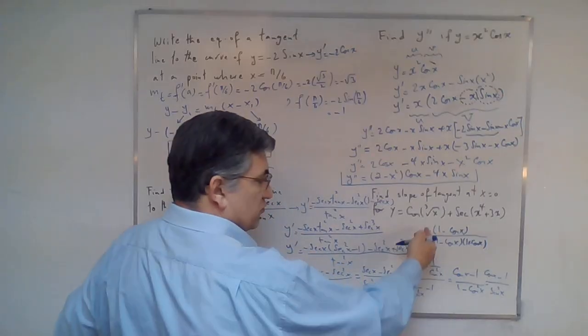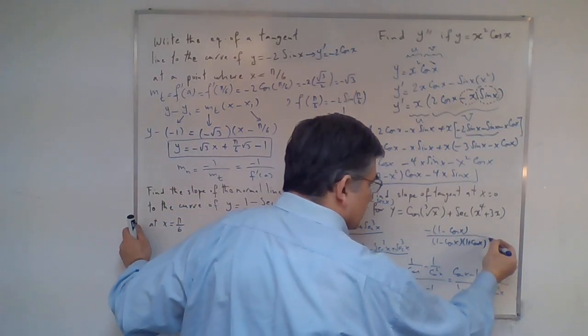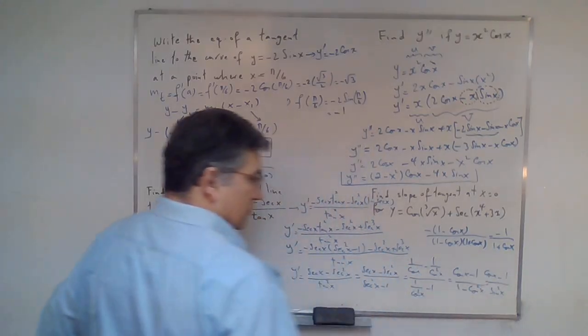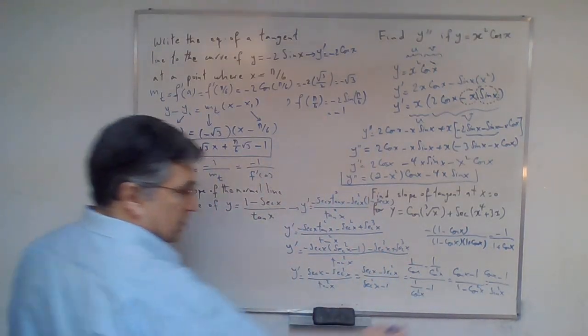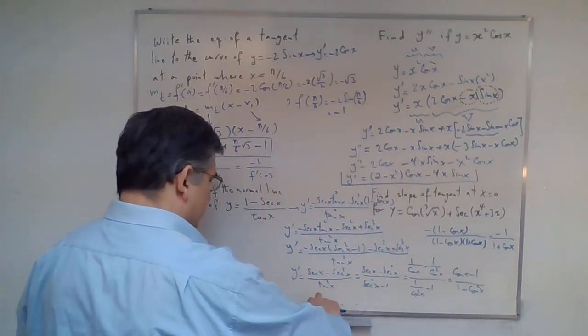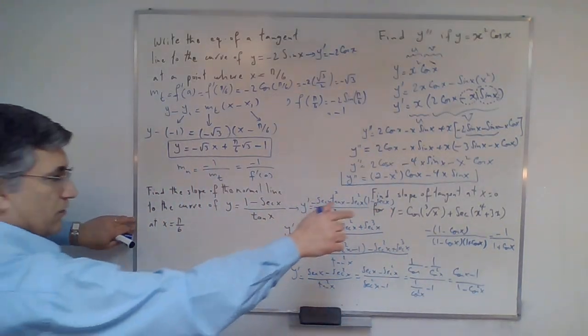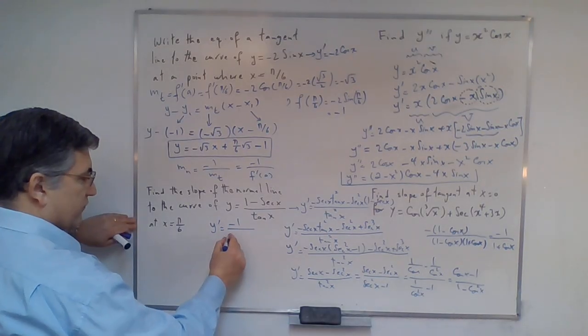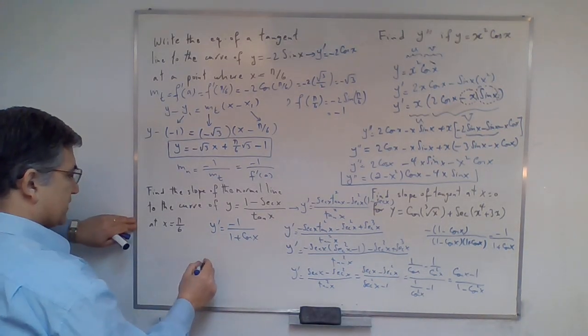And now we can cancel 1 minus cos x from top and bottom. So the final answer, negative 1 over 1 plus cos x, would be a simplified answer instead of using this other form. So perhaps this is a better way of simplifying. So, making a long story short, y prime is negative 1 over 1 plus cos x.